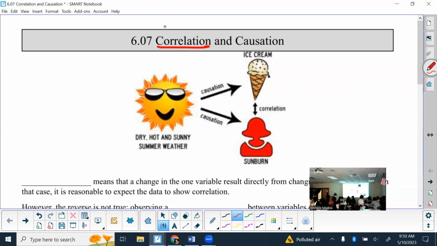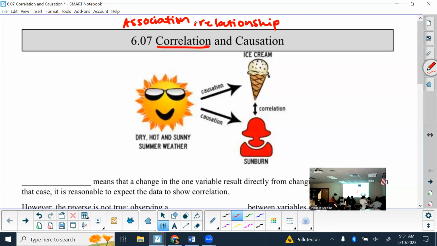Connected. How alike the variables are. There's other words that are probably better. Like on your practice yesterday, they use the word association between the variables, the relationship between the variables.